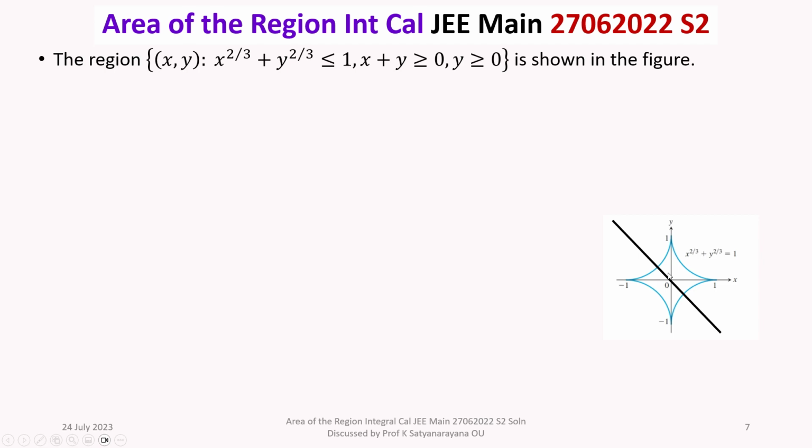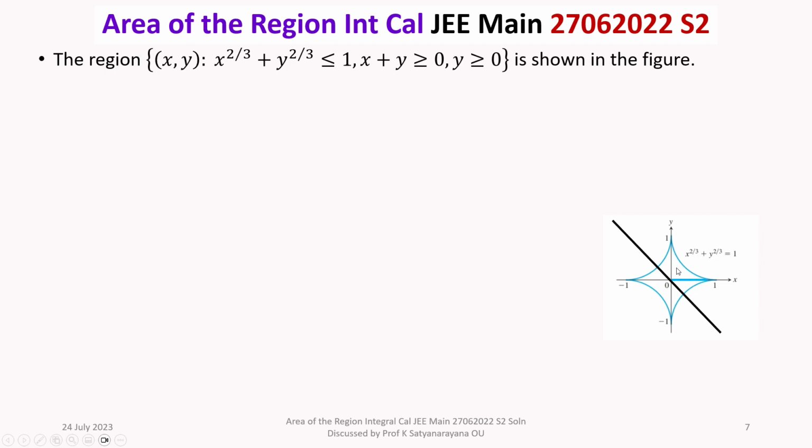So what is common? This portion, and this portion. But now y greater than or equal to 0. That means all points that lie on the x-axis and above the x-axis, and common to all the three will be this portion and this portion.